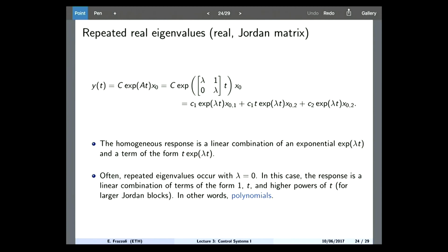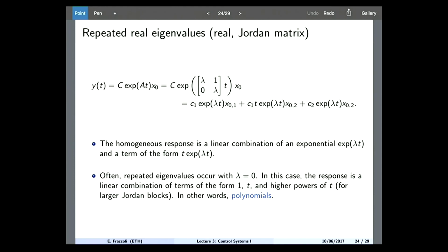Now, when do these Jordan forms appear in control systems? Typically, these things appear when you have repeated eigenvalues at 0. So when lambda is 0, the exponential of lambda t will be just 1.